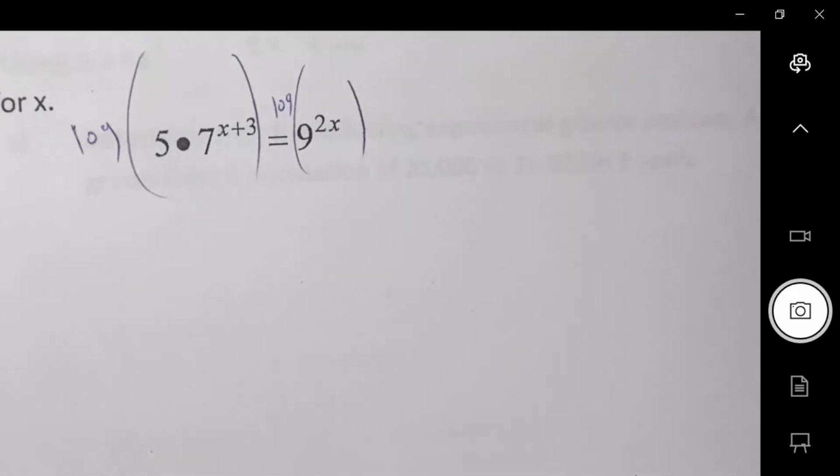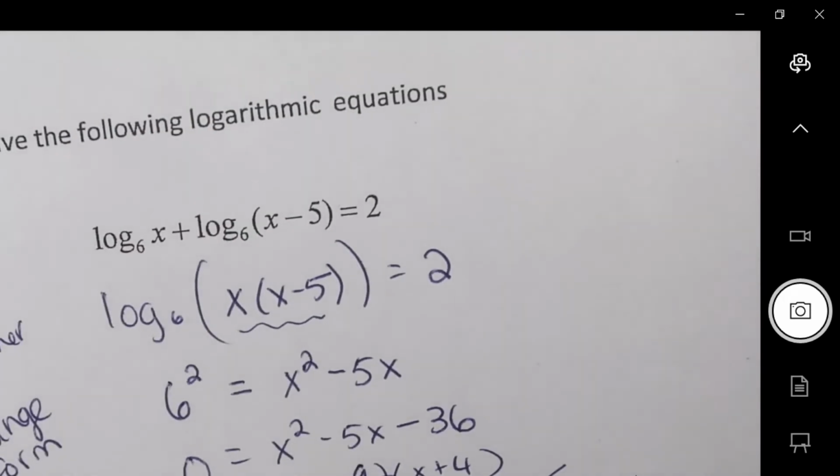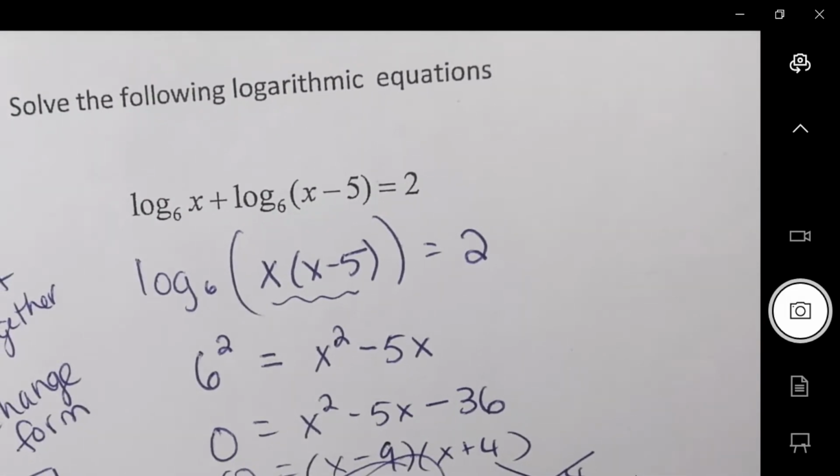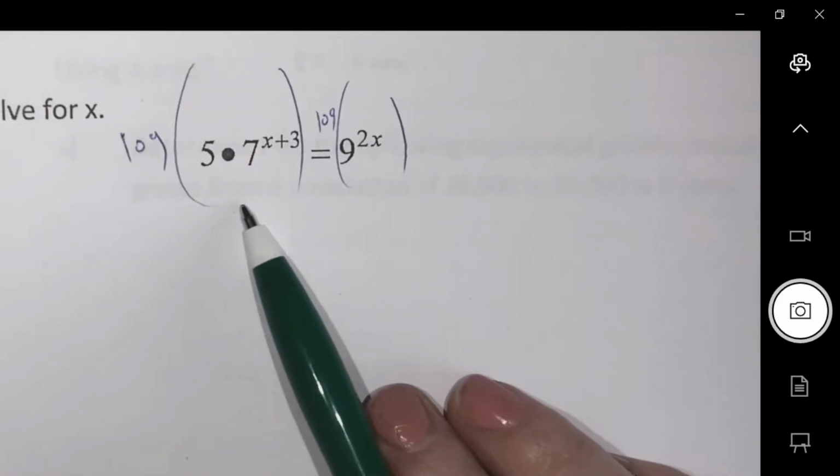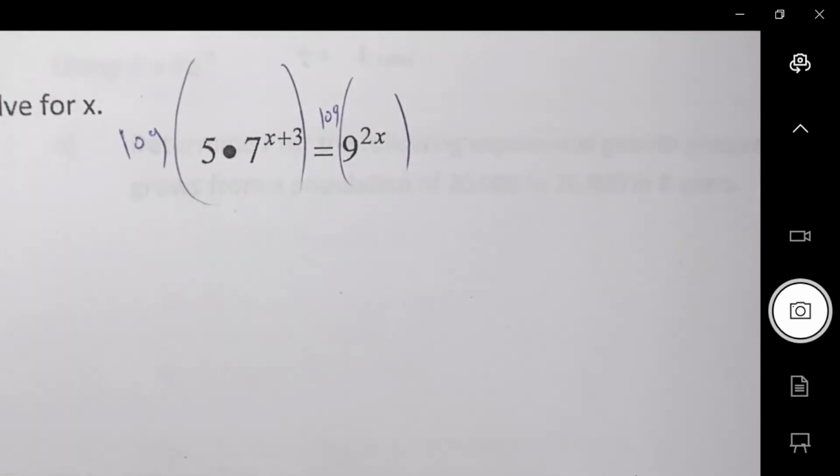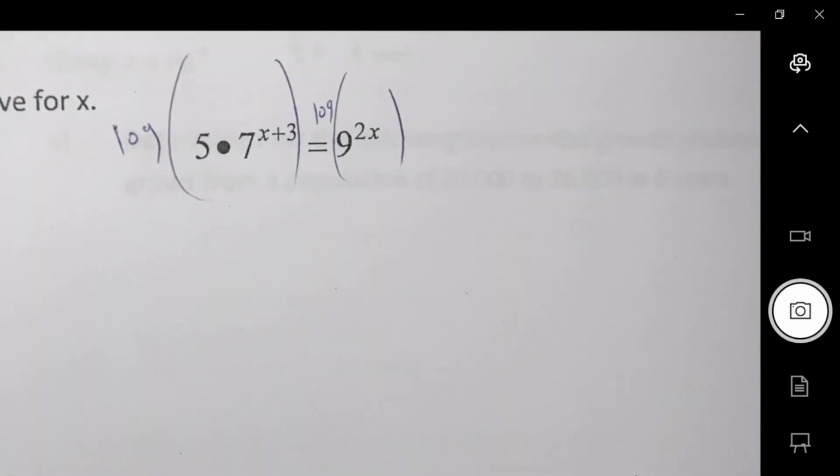So everything's opposite of each other. Did you notice how logs, we glued them together? Exponentials, we log them and separate them. So our strategies are completely the opposite. Does that make sense?